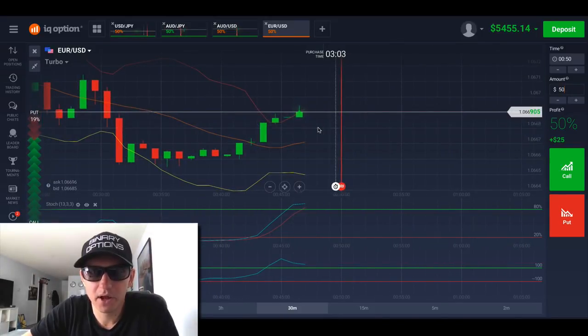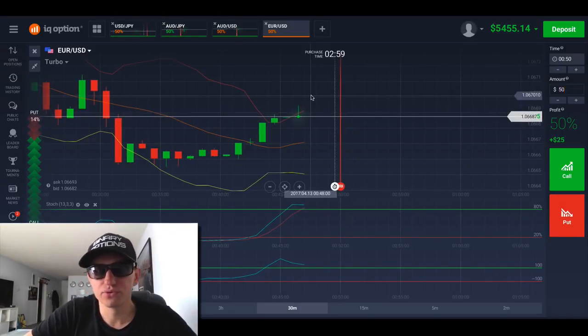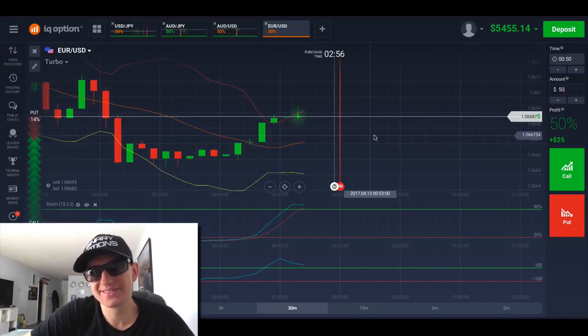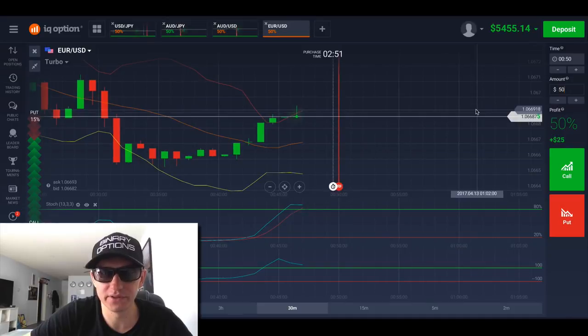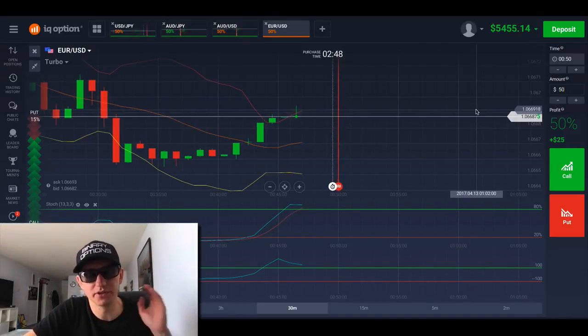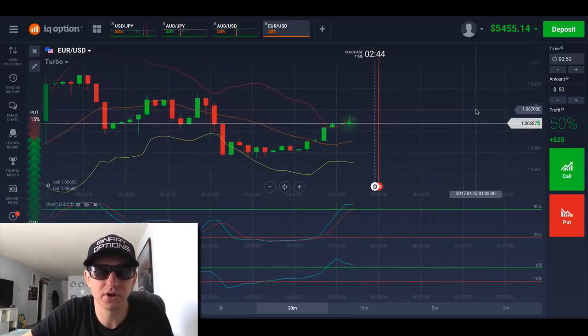And I'm just waiting for this small trend to change its direction. I still see that it tends to go up, but I need to wait until that moment when the trend changes direction and starts going down again.